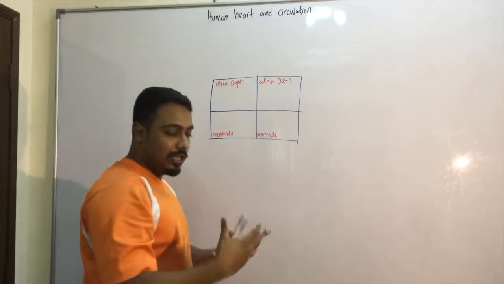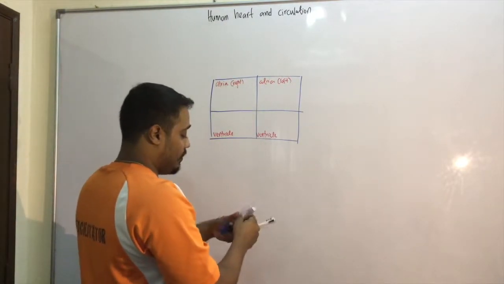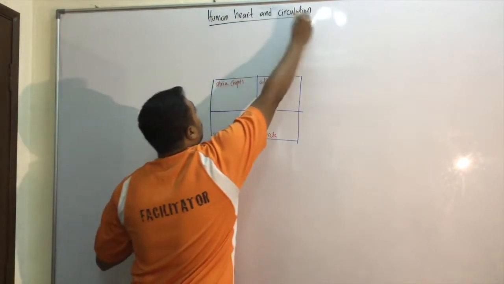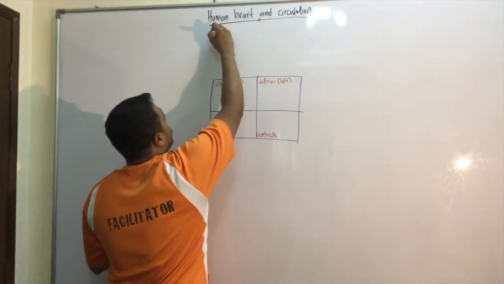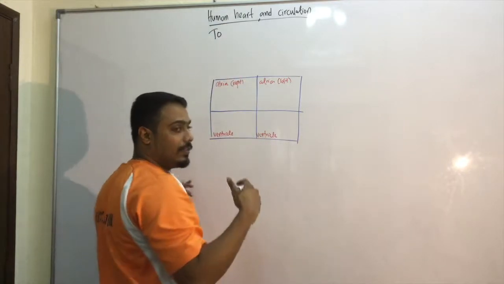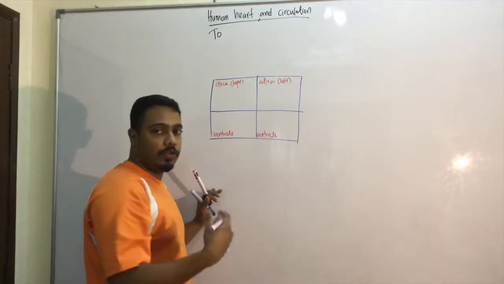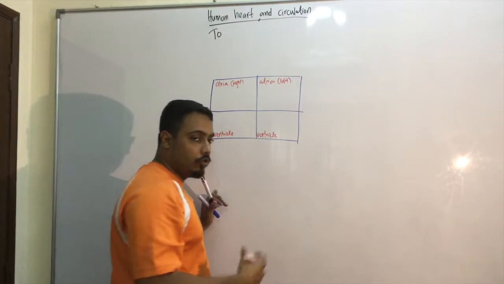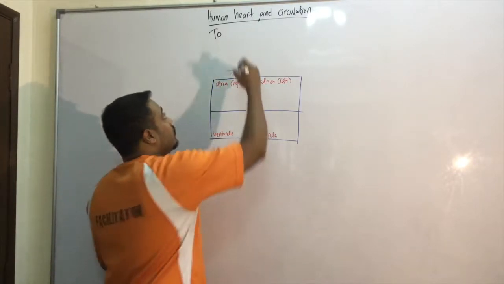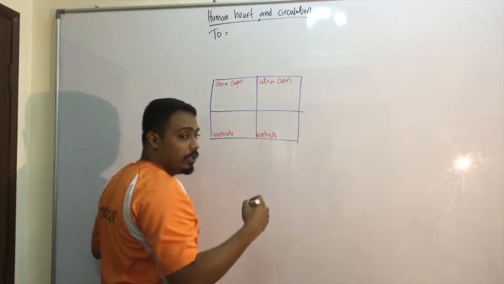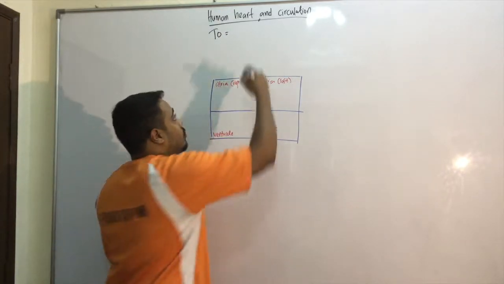So some of the terms that I like to use: if you see the word "to", in this case, I want you to recall "to". So obviously what am I talking about? We're talking about the blood being pumped to a particular organ. So "to" an organ means obviously oxygenated blood.